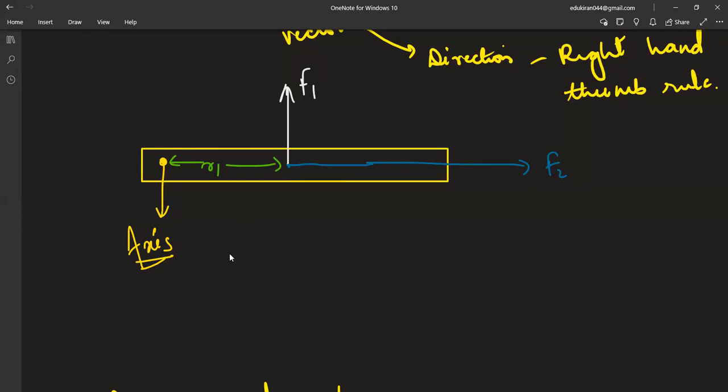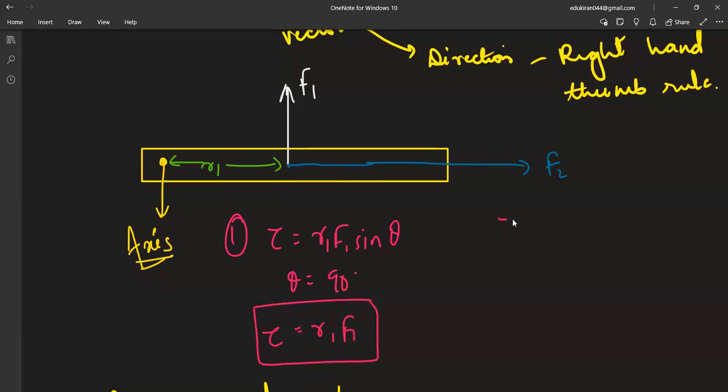Now see, when we are calculating the first torque with F1 and R1, torque is equal to R1 F1 sine theta. They both are perpendicular to each other, force and R1, so theta is 90 degrees. So your torque becomes R1 F1. But coming to the second case, this is R1, this is F2.